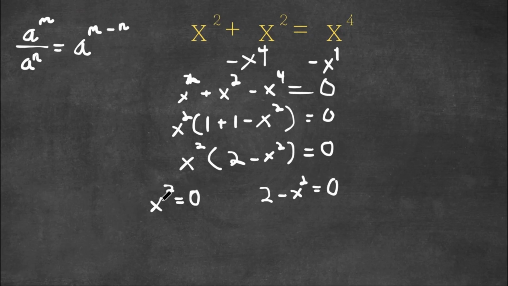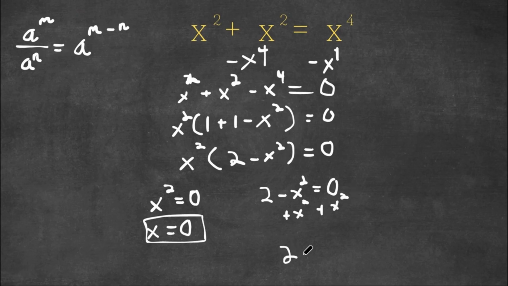Now for x squared equals 0, well, this is simple. The only number that when squared equals 0 is simply just 0. So for this, we have x is equal to 0. That is one solution. Now for the second equation, I'm going to add x squared on both sides. So now we get 2 is equal to x squared.